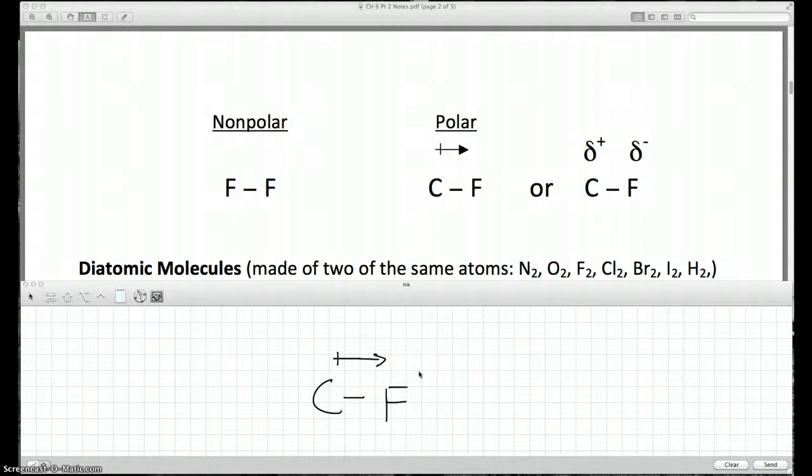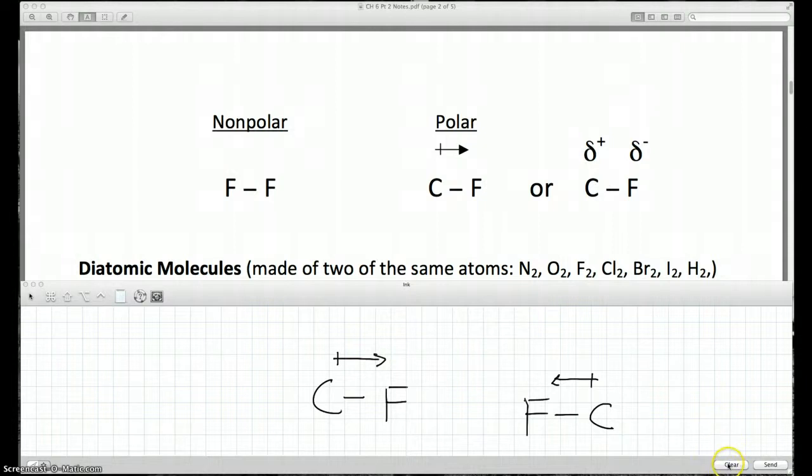So since fluorine has a higher electronegativity, it's pulling the electrons towards it. So that's the way the arrow points. If I had written it F over here and C, I would have drawn the arrow the other way, and the little plus sign shows the positive side.